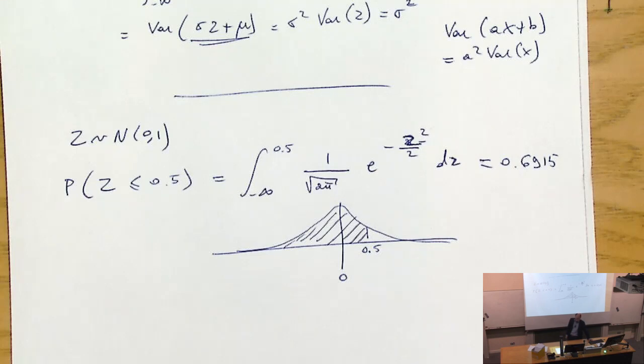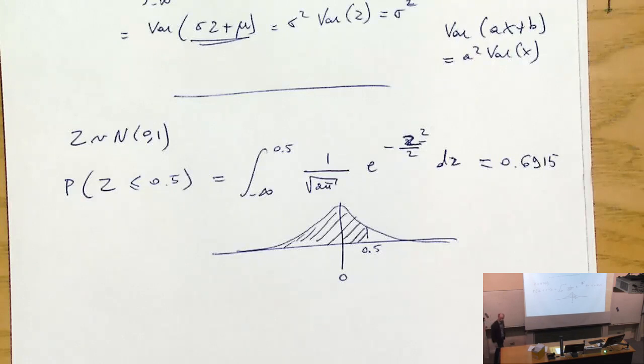Okay? Good. So what you note here is that this holds only for a standard normal random variable, right? This is only for Z that is normally distributed with 0 mean and variance equal to 1. But you know that those values of Z here are positive.